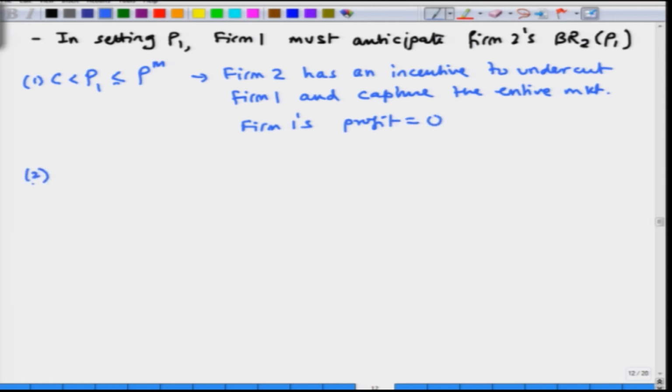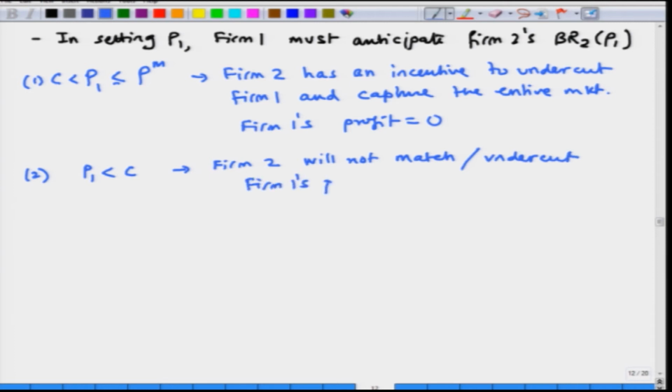On the other hand, if firm 1 sets a price which is lower than the marginal cost, so firm 1 is pricing below marginal cost, then essentially firm 2 does not want to match or undercut firm 1's price.